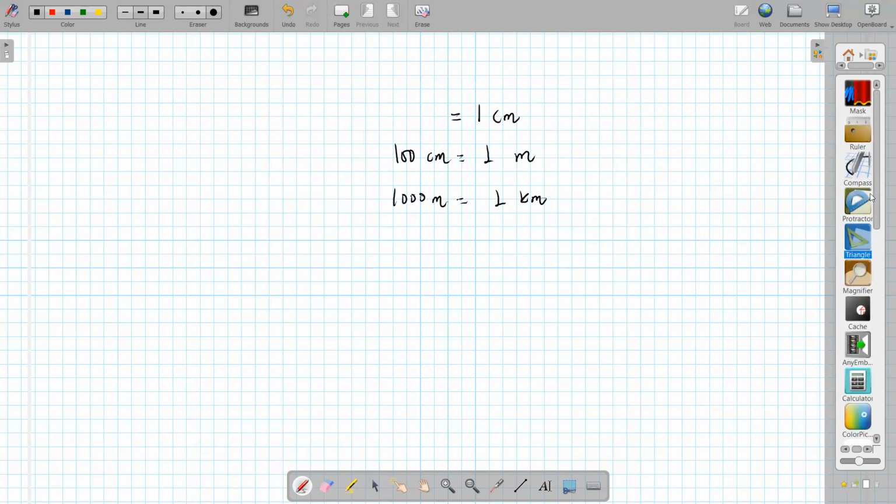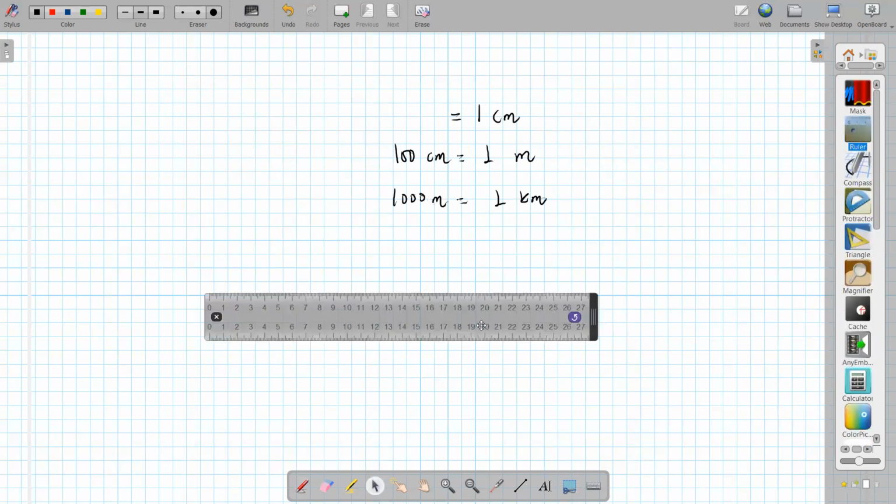If I can find it right here, you see this is 1 centimeter from here to here. How many millimeters do we have is the question. There's 10, right? I know it's hard to see, but if you have a ruler, in the middle you have the 0.5, there's 10. So there's 10 millimeters in 1 centimeter.